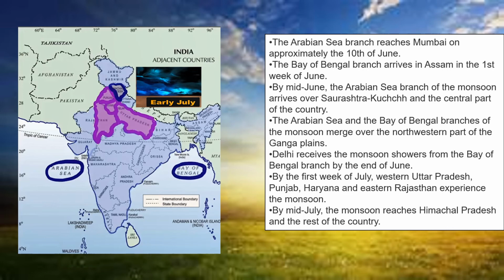Delhi receives monsoon showers from the Bay of Bengal branch by the end of June. By the first week of July, Uttar Pradesh, Punjab, Haryana and eastern Rajasthan experience monsoon. By the middle of July, monsoon reaches the Himalayas and the rest of the country. So from this we can see how the southwest monsoon brings rainfall to India.